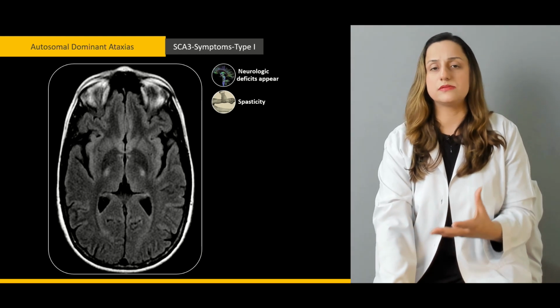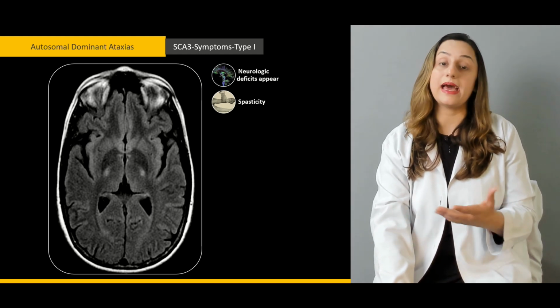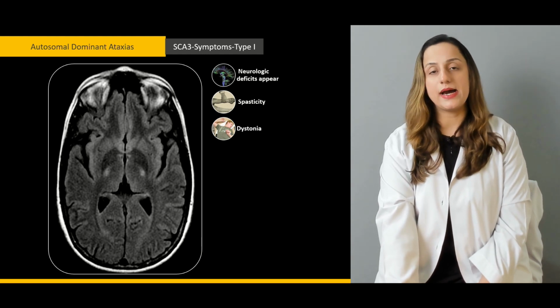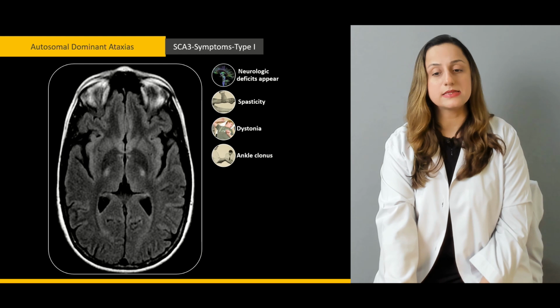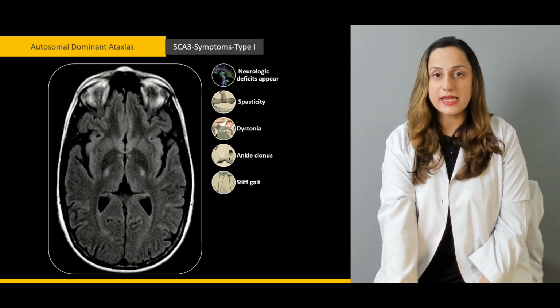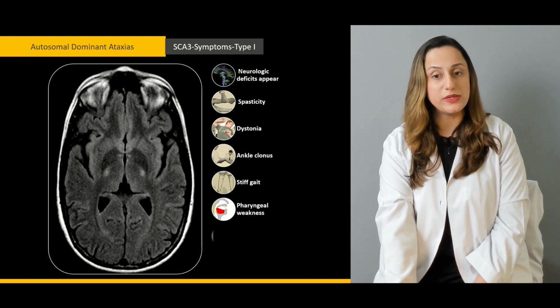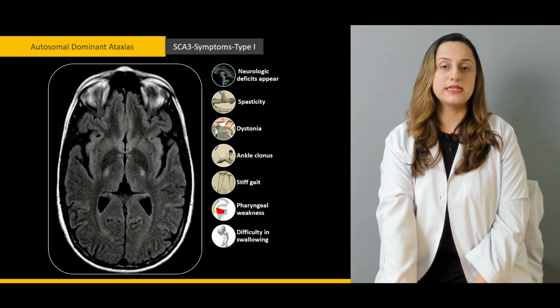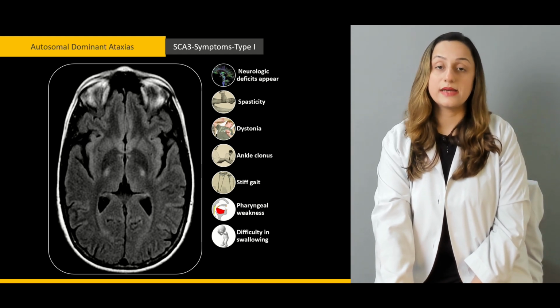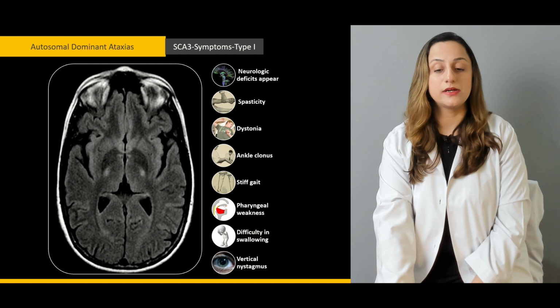Again, signs and symptoms of rigidity and spasticity are going to be noted. The patient is going to have dystonia in the muscles. Ankle clonus is going to be present. There's going to be a stiff gait when you observe in detail, pharyngeal weakness, and also dysphagia, which is basically the difficulty in swallowing.